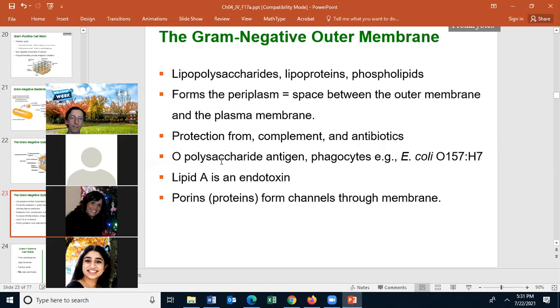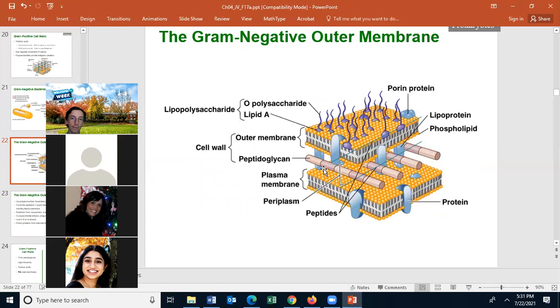The gram-negative outer membrane can protect the cell from certain things, such as complement proteins and antibiotics. If the antibiotic is binding to the peptidoglycan, for example, or to the cell membrane, the outer membrane will act as a barrier to keep the antibiotic from binding to the cell.